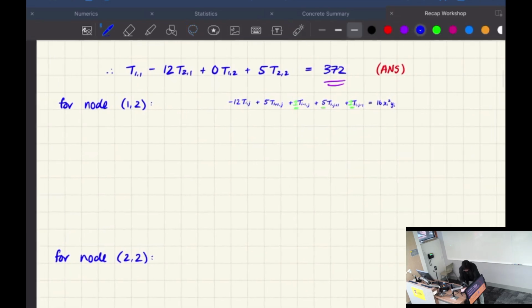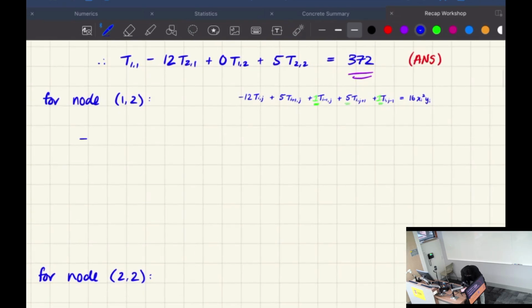For node (1,2), we get negative 12 T of (1,2) plus 5 of T of (2,2), plus 1 of T of (0,2), plus 5 T of (1,3), plus 1 T of (1,1).